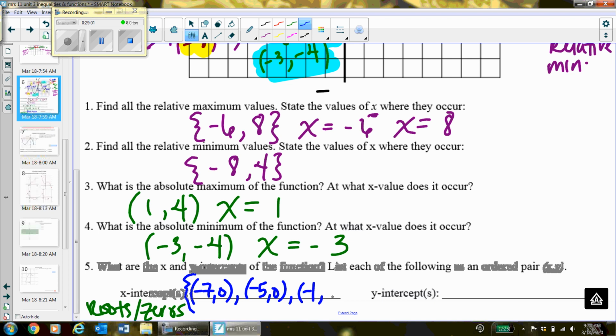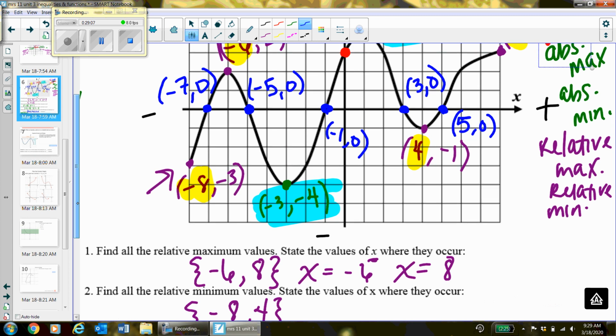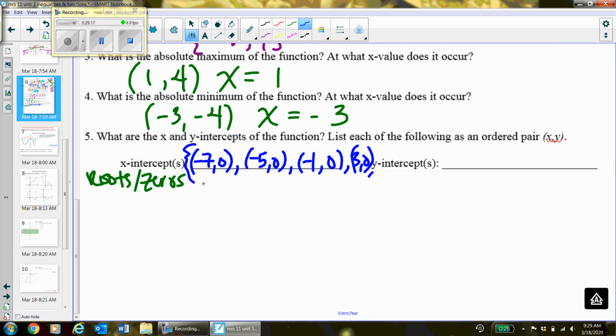See that I'm putting commas in between my parentheses to let you know there's more roots coming. 3, 0, and 5, 0. 3, 0, in parentheses. And 5, 0 is the last one.